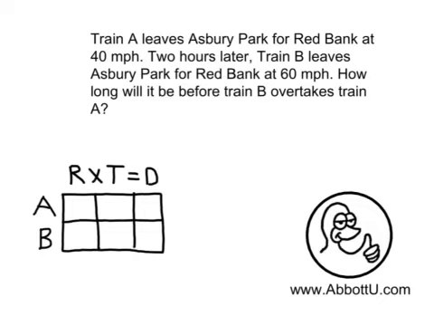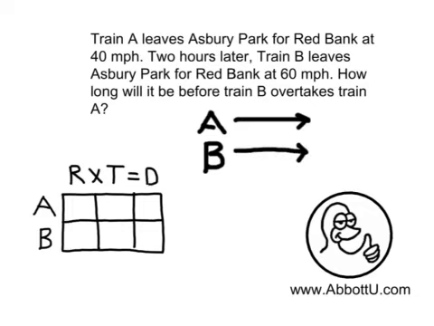So just to represent that, we've got A over here, and an arrow representing the fact that it's going in a particular direction. Now, Train B leaves the exact same city, so I'm going to write that directly underneath Train A to signify the fact that it's leaving from the same city. And not only that, it's traveling in the same direction.